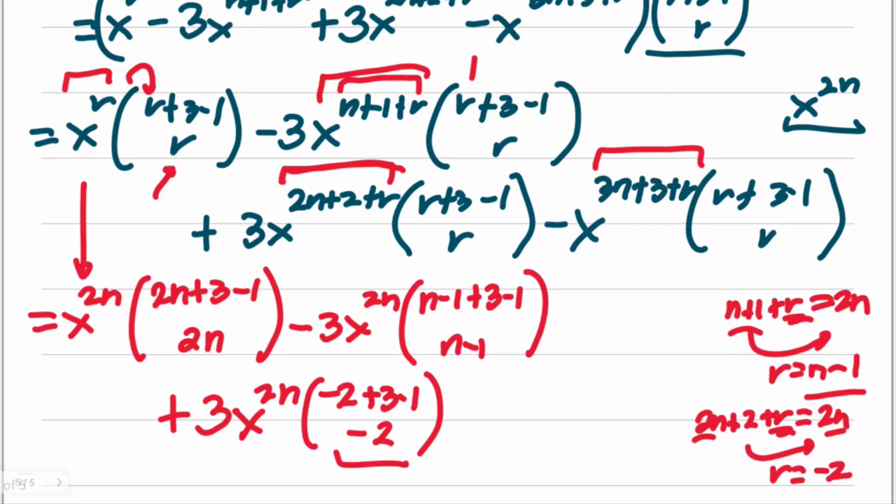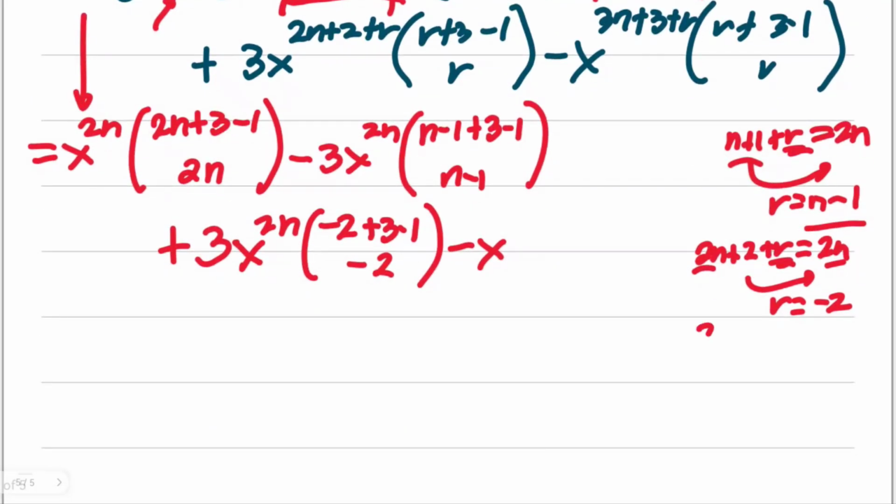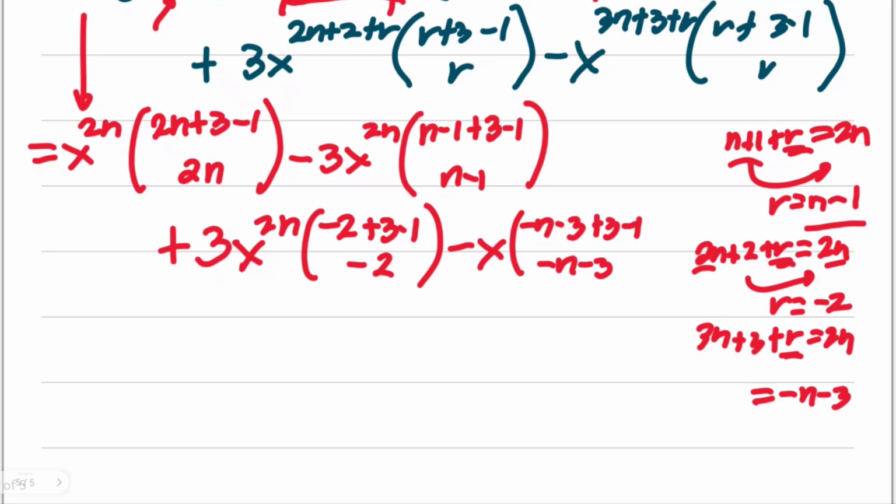Again, we'd probably have some items to consider here, but let's try to continue first. So you have x to the power, for this to be equal to 2n, 3n plus 3 plus r must be 2n. Solve for r, that's actually minus n minus 3. Okay, so you have here negative n minus 3 plus 3 minus 1, negative n minus 3 here. Yeah, it's negative n because you remove it like that.